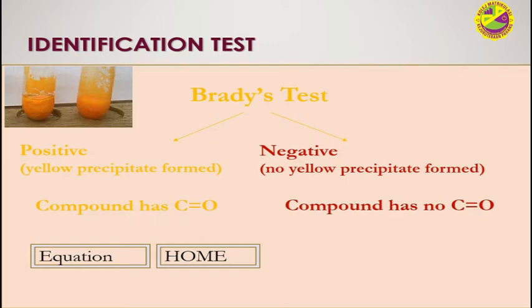If this test is negative, there is no yellow precipitate formed, which means this compound has no carbon double bond to oxygen. This test is used to differentiate carbonyl compounds which have carbon double bond to oxygen from other compounds that have no carbonyl group.